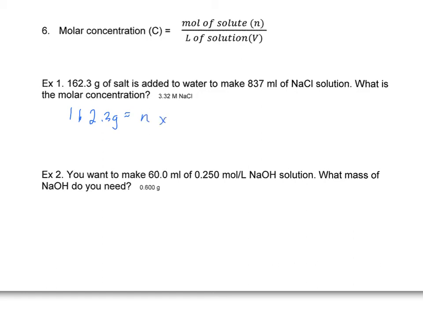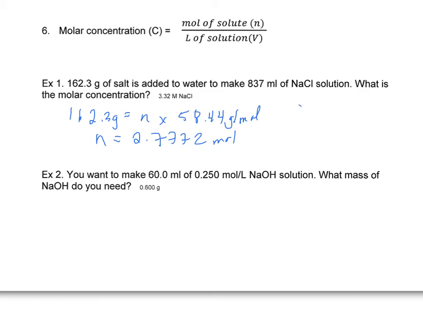The molar mass of sodium chloride is 58.44 grams per mole. If I rearrange for little n, 2.7772 moles of salt were added. Now my calculator gave me a few more numbers, but I'll just write down the first 5.